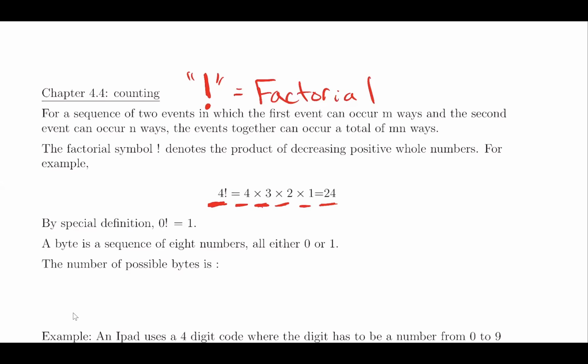So say if I have 5 factorial, that means you get 5 multiplied by 4, multiplied by 3, multiplied by 2, multiplied by 1. And if you multiply that out, you get 120.